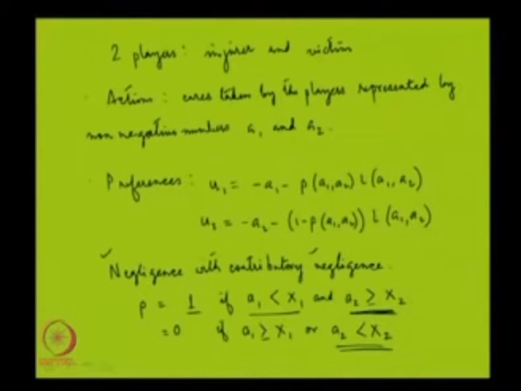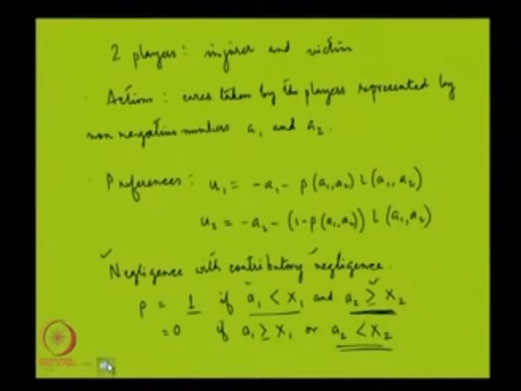So, this is always satisfied if x2 is equal to 0, which means that whether the injurer will pay something or not now depends purely on his action. If A1 is less than x1, then he pays. If x1 is less than A1, then he does not pay.